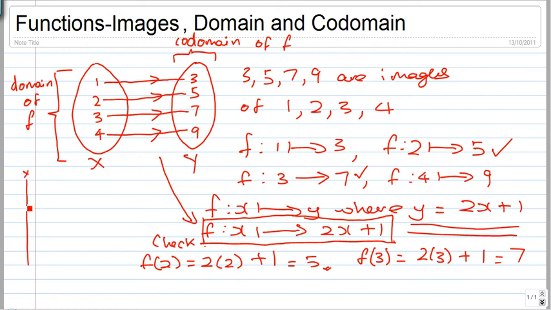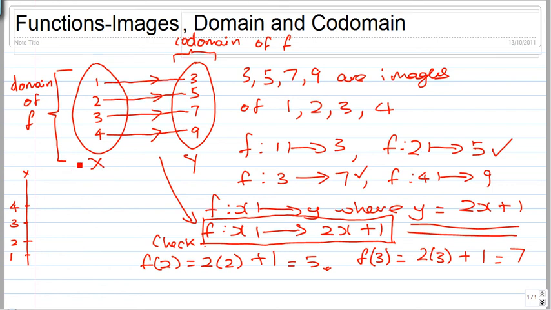So this is 4, 3, 2, and this 1. This is your number line here. Then this is X, and this is 2x plus 1.